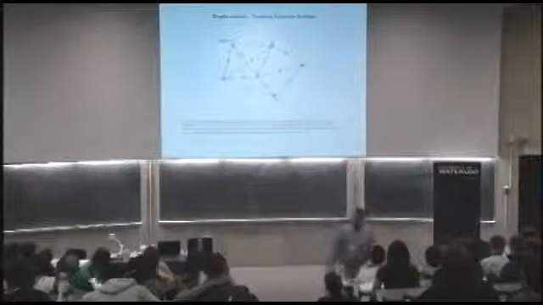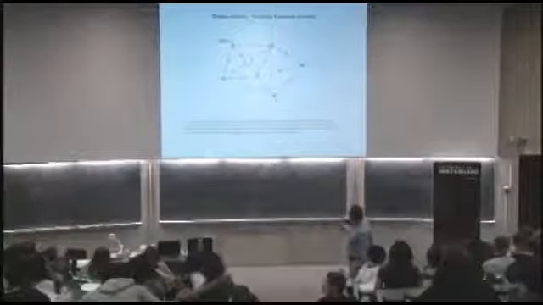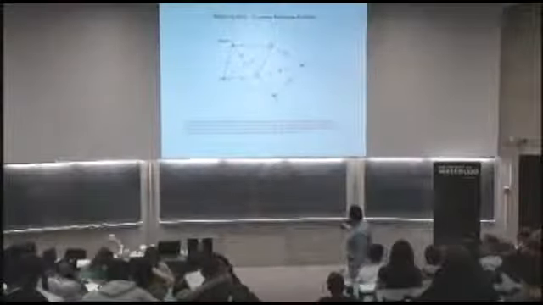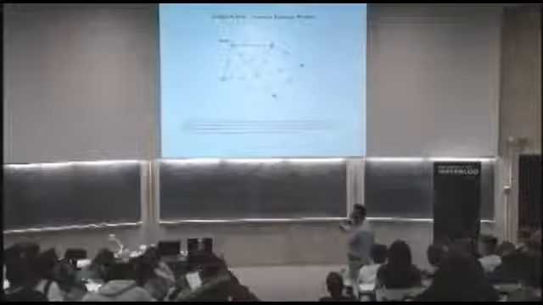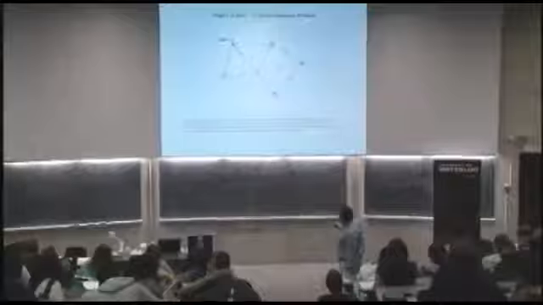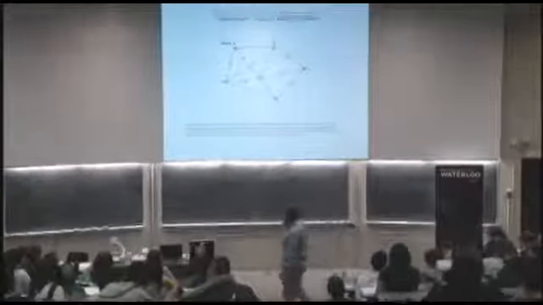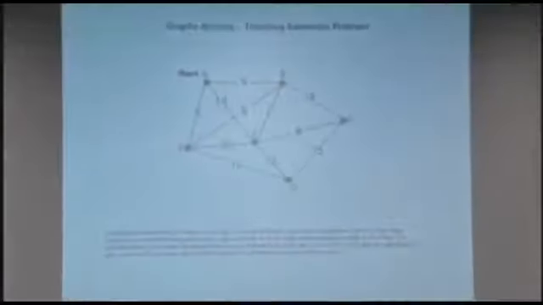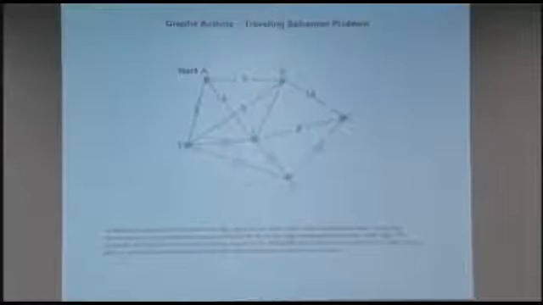And this problem goes as follows. You have a graph where each vertex represents a store, and an edge between 2 vertices means that there's a road connecting these 2 stores, and the length of the road, or the distance you have to travel, is the weight of the edge.